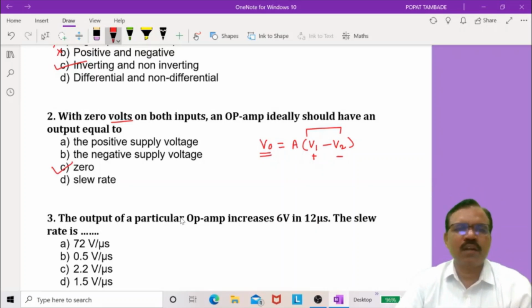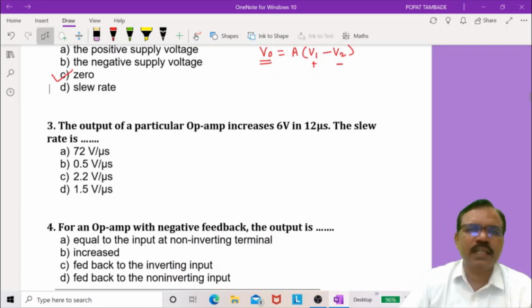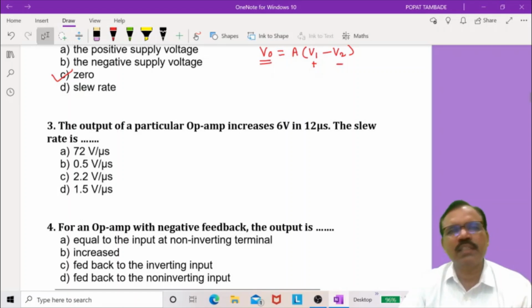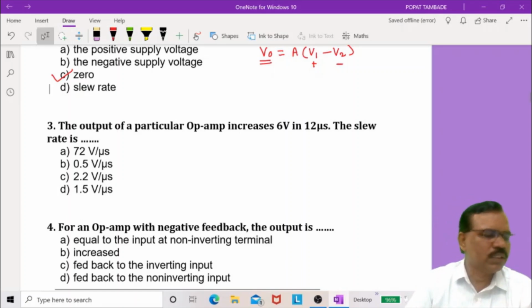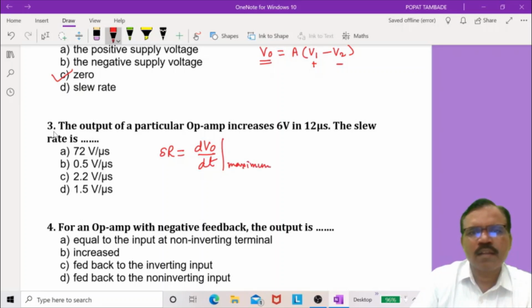The output of a particular op-amp increases 6 volt in 12 microseconds. What is the slew rate? The slew rate is defined as SR equal to dV0 by dt, maximum, where V0 is the output voltage.